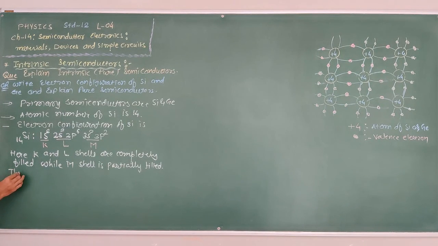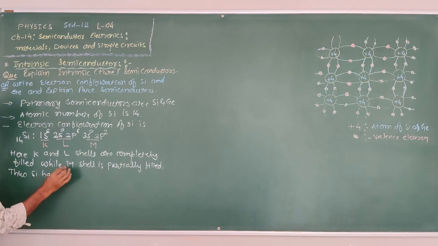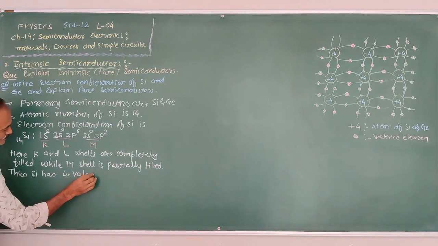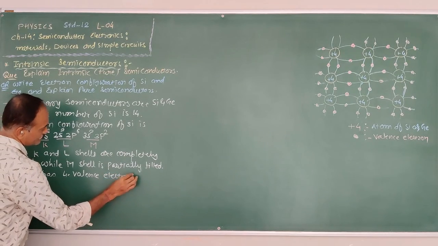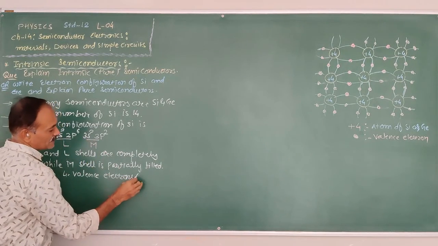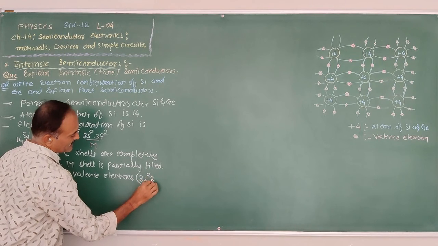Thus, silicon has 4 valence electrons corresponding to the 3s and 3p states.